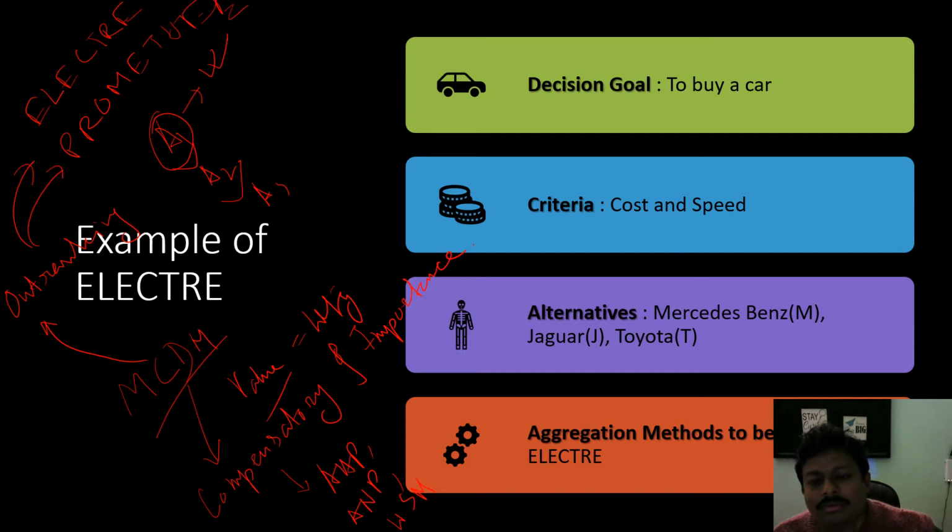Now, the basic difference between the ELECTRE method and other methods like AHP, etc., is that there is no condition that your alternatives and criteria must be in numerical or qualitative values.